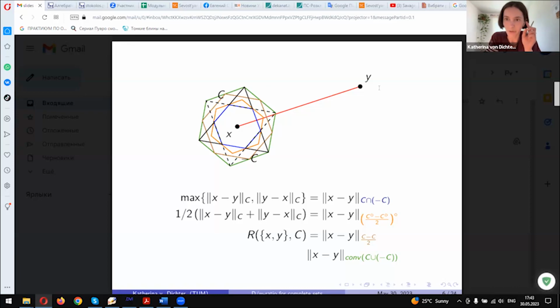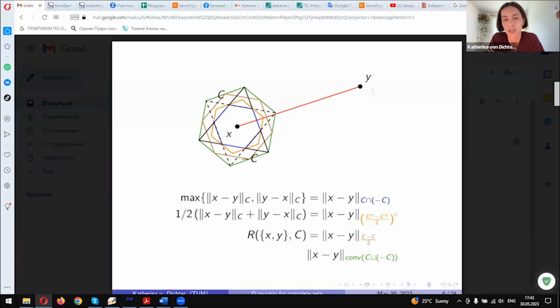If thinking again about the polarization as the inversion, you have something like 1 over C minus 1 over C over 2, and again this to the power minus 1, which is a kind of generalization of the harmonic mean for numbers. So one can also think about other symmetrizations.